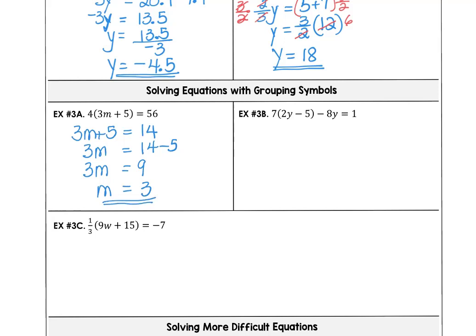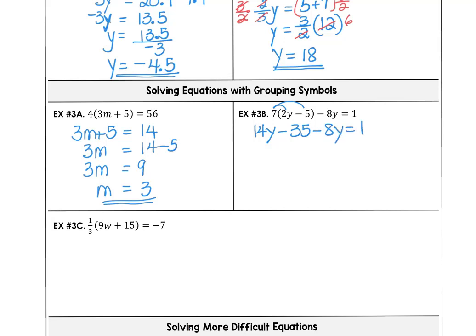And then in example B, we do need to use distributive property so that we can collect like terms. I see 14y minus 35, and then minus 8y equals 1.